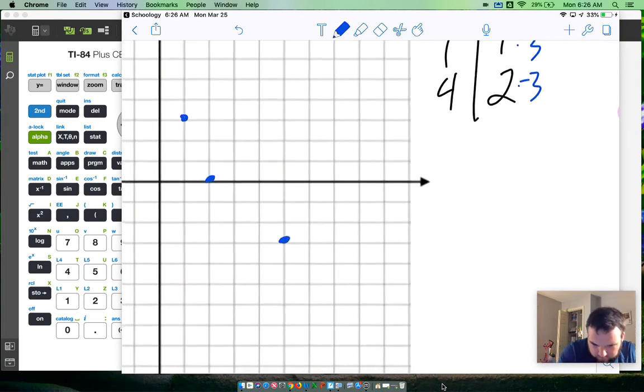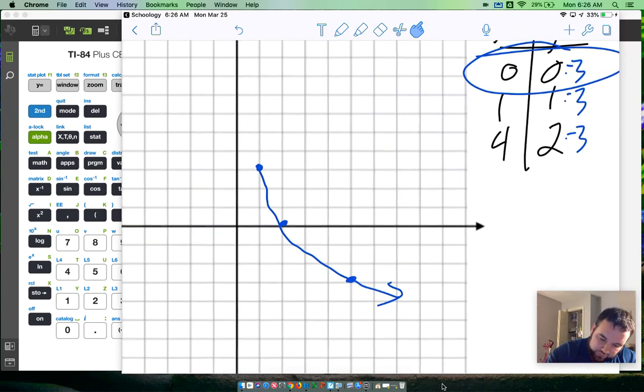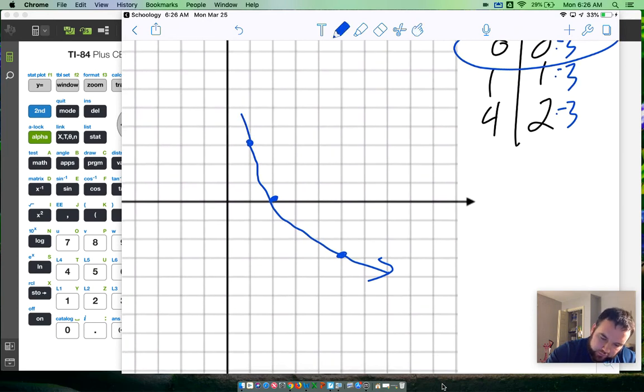But I need to not draw the arrow going to the left, because I can't keep going to the left, because then I am square rooting a negative number.